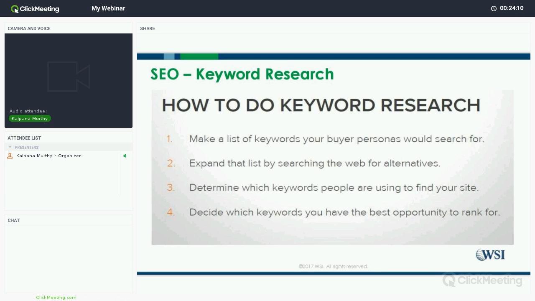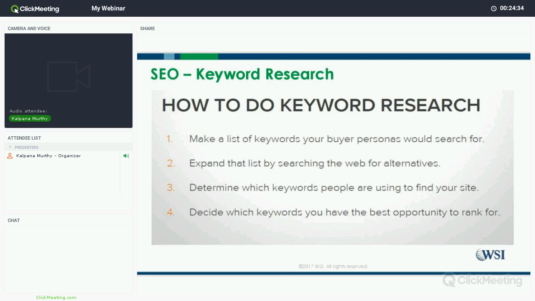And how to do keyword research. Just a quick summary here. Make a list of keywords your buyer personas would search for and expand that list by searching the web for alternatives. You can use a keyword research tool, and also nowadays when you go to Google and search for certain keywords, Google will display a list of related keyword phrases in the list box.